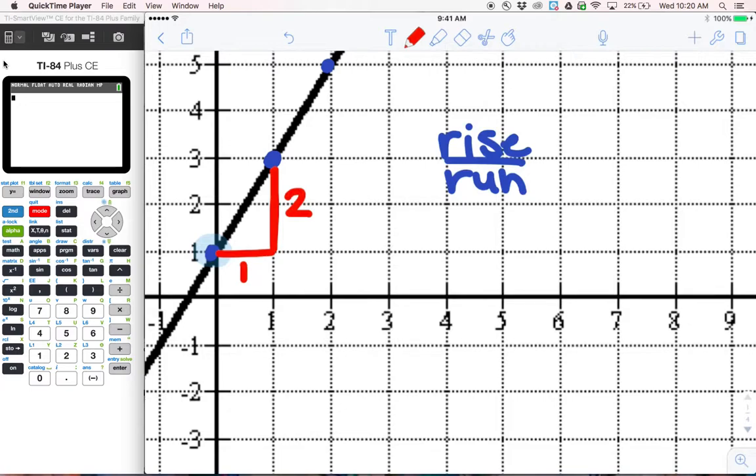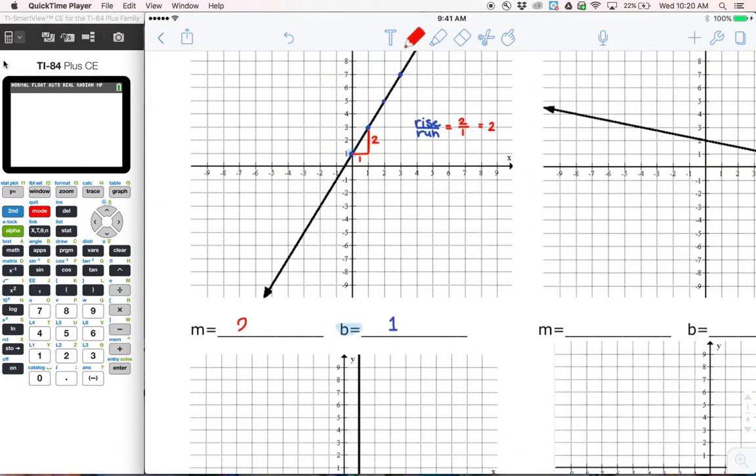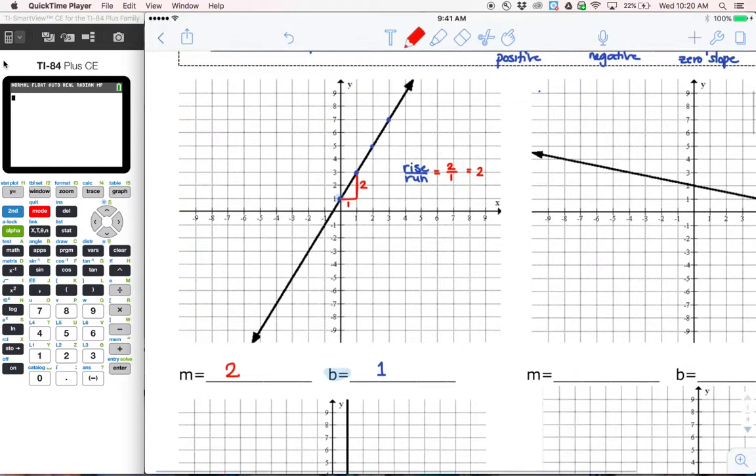Well, that's just 1. So my rise is 2 and my run is 1. We always simplify if we can, and 2 divided by 1 is 2. So in this case, we would say that my slope, m, is 2. Always double check, is it positive or negative? Well, this line is increasing from left to right, so I know that it is in fact just a positive 2, so I'm going to leave it alone.